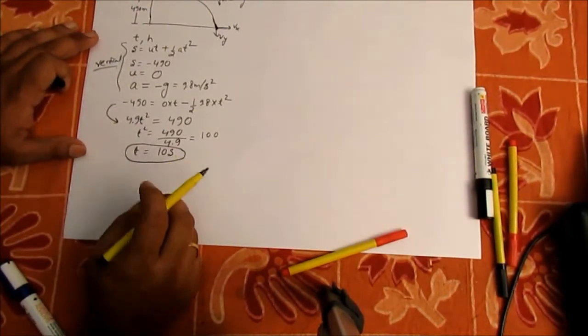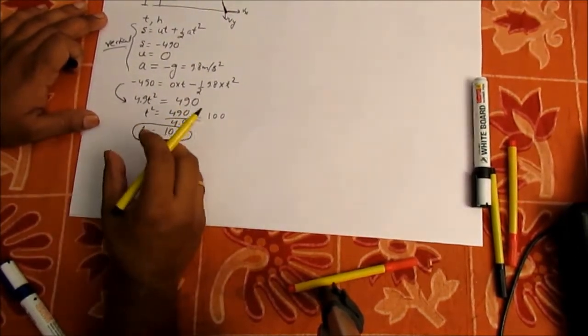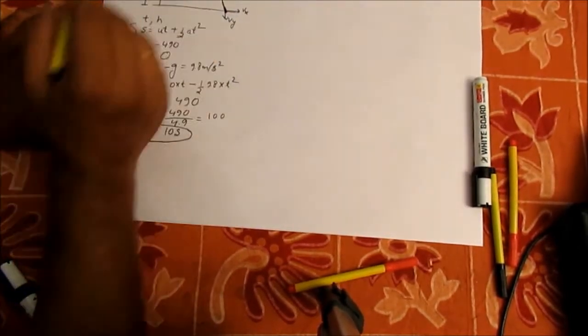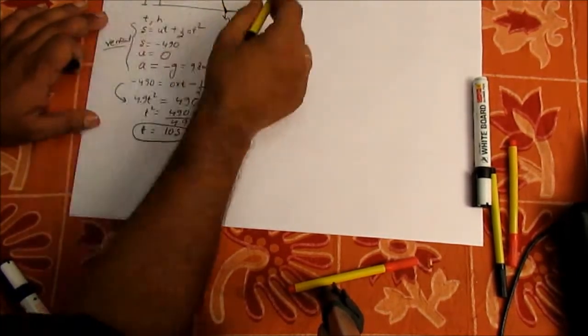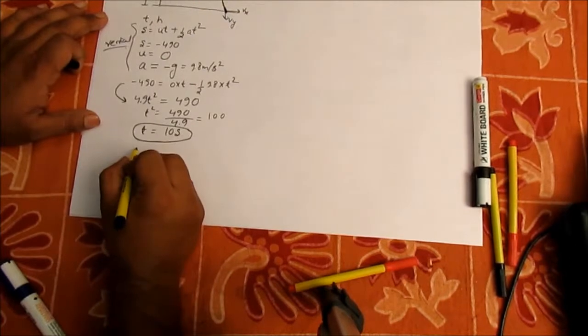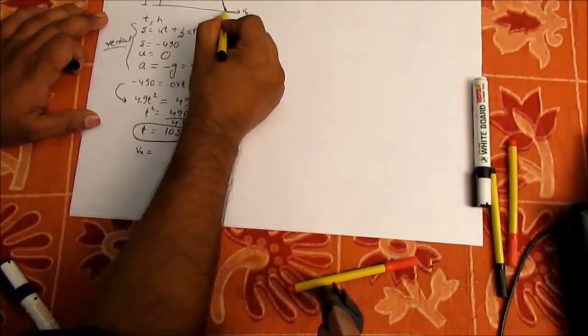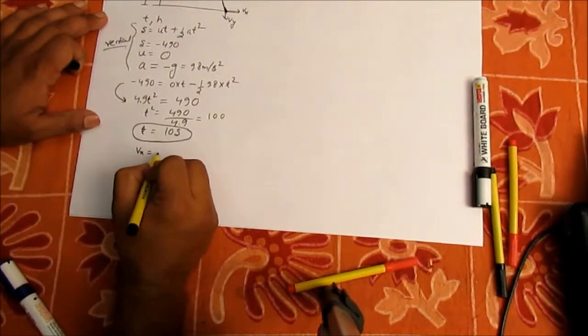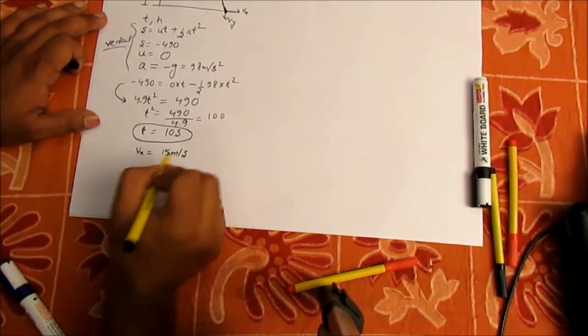One is horizontal, Vx, and the vertical is Vy. Okay. As you know, the horizontal velocity will always be the same, because there is no acceleration in the horizontal direction. So my Vx at the time it reaches this position will be Vx is equal to 15 meter per second.